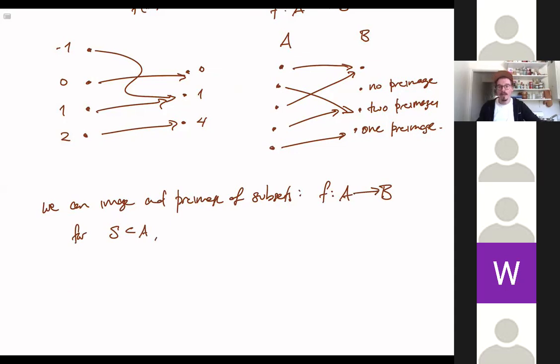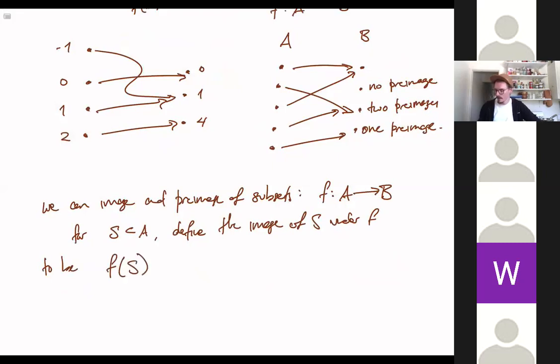So if we have a subset of the domain, the left-hand guy, we define the image of S under F to be, we write it as F of this subset, and we can use our set builder notation to say that it is the image of S for every element of S. So it's the set of images, everything in here.